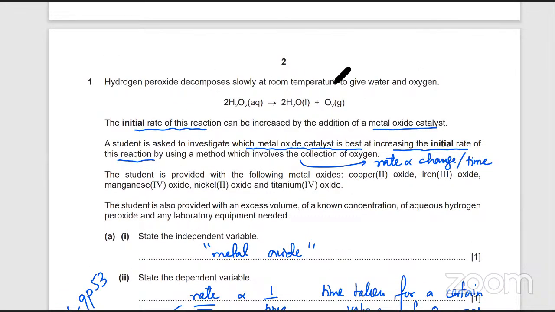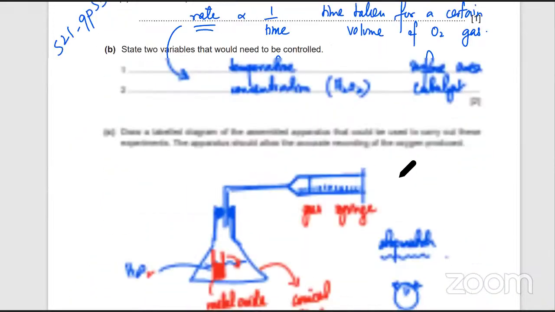H2O2 decomposes slowly at room temperature to give water and oxygen. तो जब इसको स्टोर करते हैं, why do you need to have a small hole in the bottle जिसके अंदर you're storing it? रूम टेम्परेचर पे डिकम्पोज हो रही है. So it will decompose and it will produce oxygen gas and that will build up pressure. So the bottle might crack under pressure, ठीक है, वो O2 remove करने के लिए.